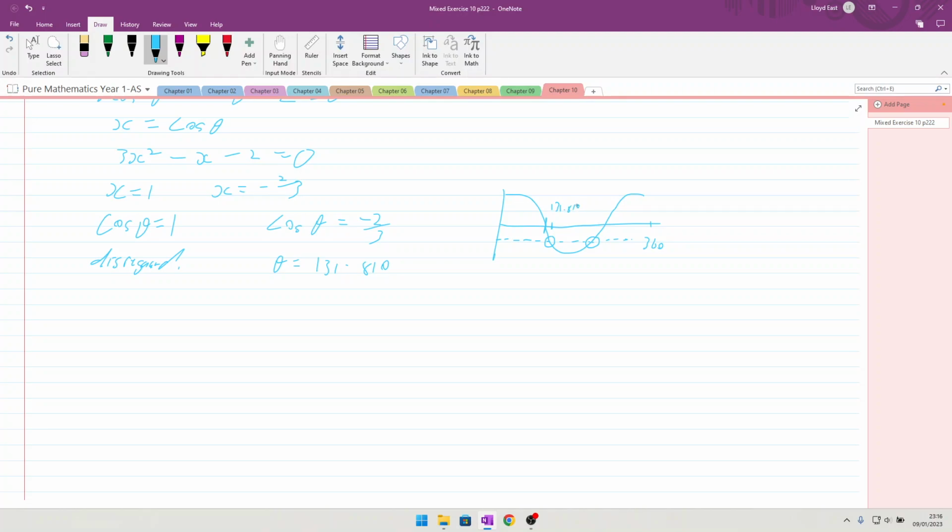Okay, this point here is 180. Okay, so we can actually do 180 take away, because of the symmetry of the graph. Can I do it with just 360? I'll do it with 180. 180 minus 131.810 will give me the distance between here, and then I can add it to the 180.